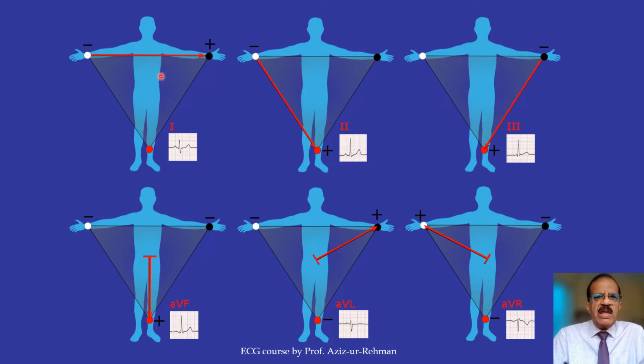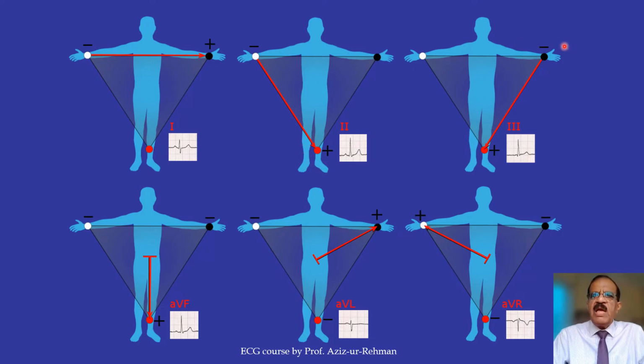So the first lead, lead 1, is placed between the right arm and the left arm. The left arm is positive, and this one is negative. This is lead 1. And this is lead 2, which is placed between the right arm and left leg. In this case, the left leg is positive, and the right arm is negative.